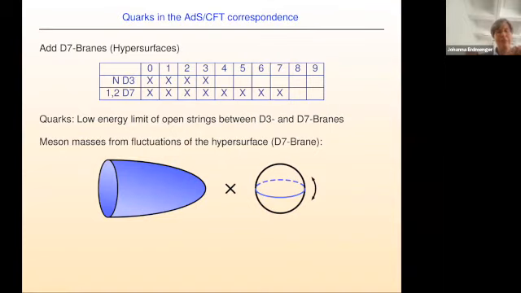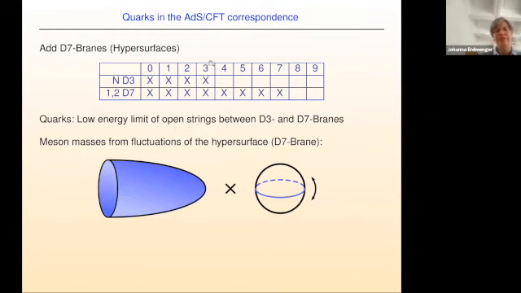They transform in a very different way than the fields that are in this N=4 super Yang-Mills. This means we have to add something to our gravity theory. In addition to having this AdS5 times S5 space, we have to put more of these branes. For some complicated reason, we have to add so-called D7 branes.